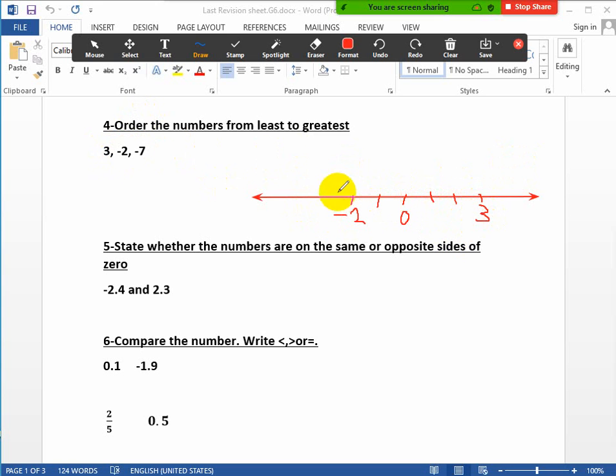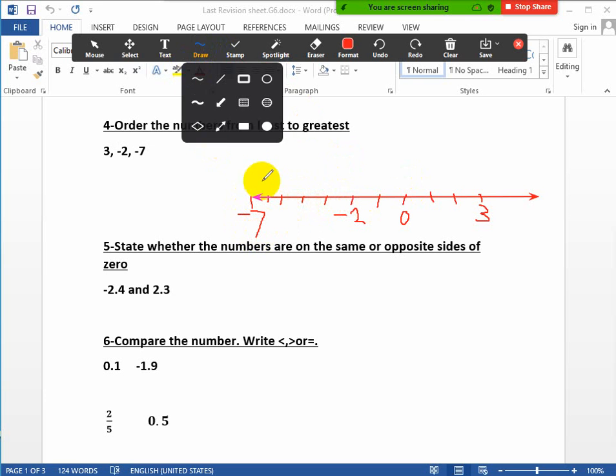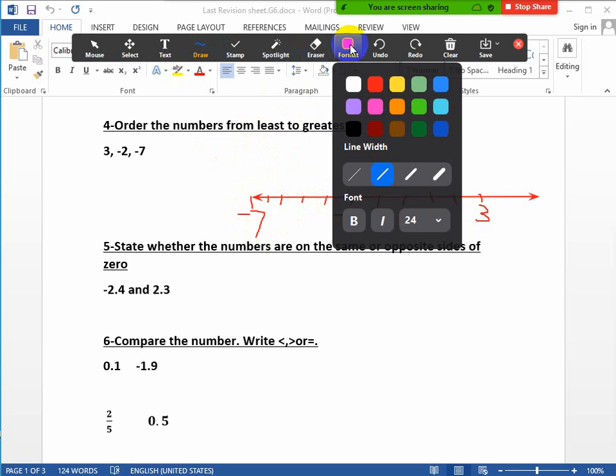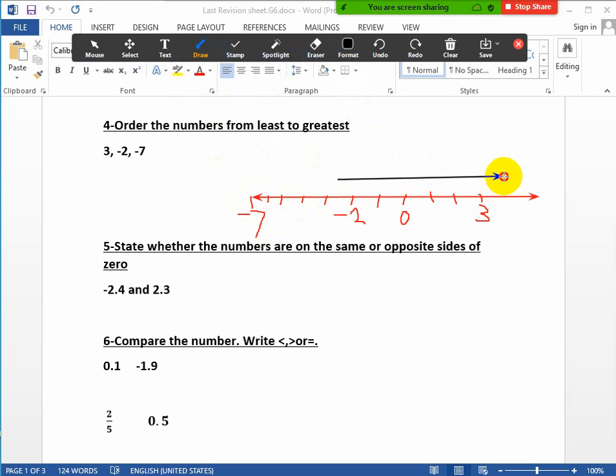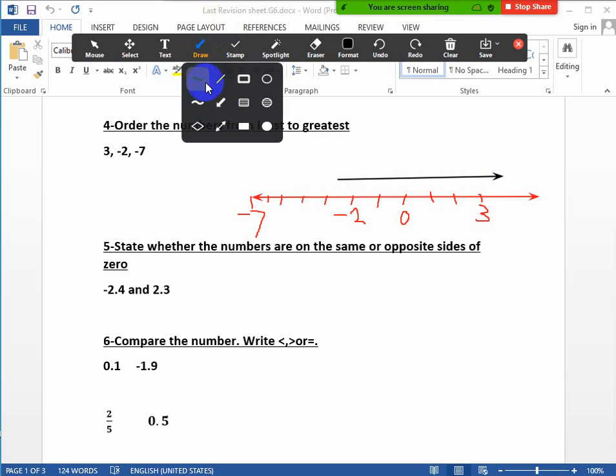Negative 7 also, I have to count negative 2, negative 3, negative 4, negative 5, negative 6, and negative 7. This is negative 7. The order is from the least to the greatest.